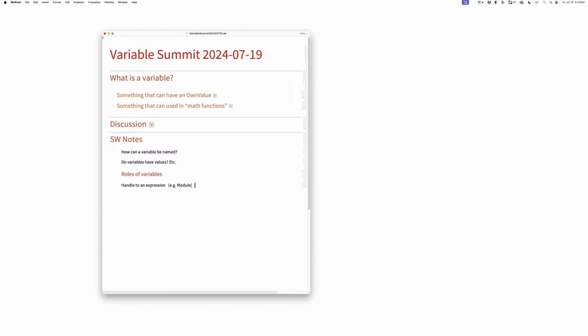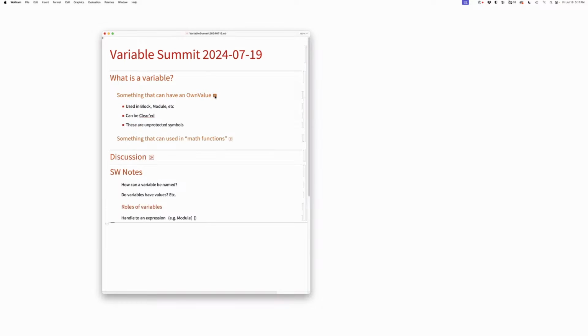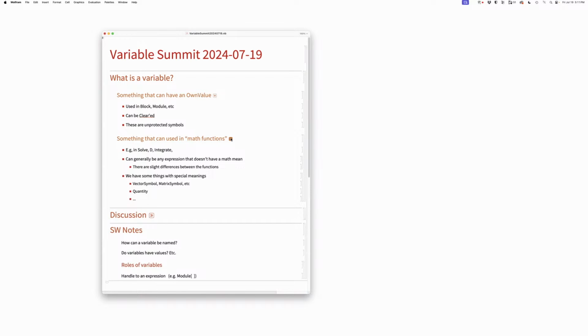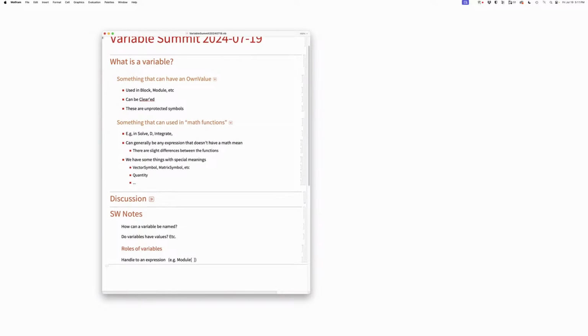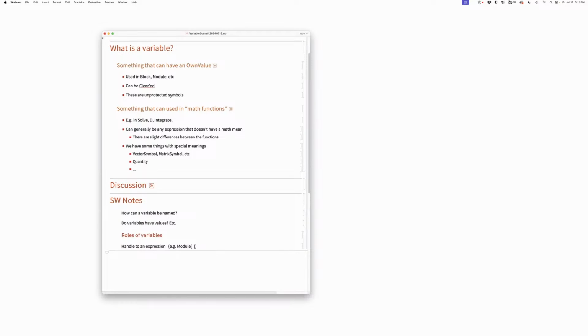That is the category that I have as something that can have an own value. If you opened up those sections, you'll see that I actually already figured this out. Good. Okay. So another one is, in a sense, what you are thinking of.